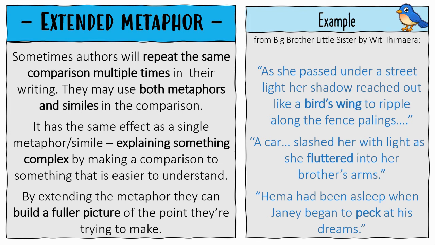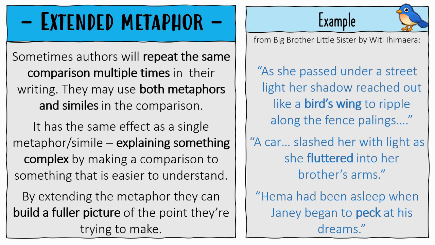And then again, this is paragraphs later, Hema had been asleep when Janie began to peck at his dreams. So you can see there's a simile, like a bird's wing, and then she fluttered, that's a metaphor, pretending she's a bird. And again, a metaphor, Janie began to peck at his dreams, because again, he's describing her as if she is a bird.